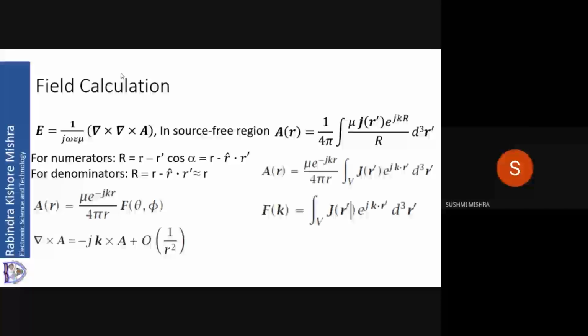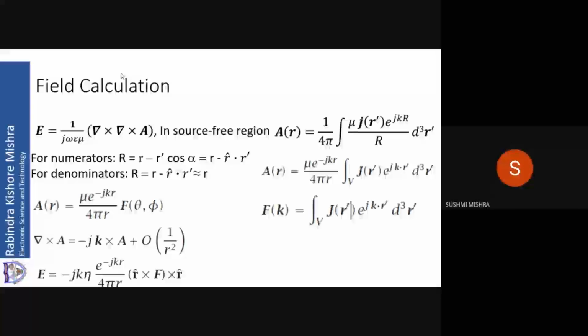Therefore, curl of A is approximately equal to minus jk cross A. Why are we calculating curl of A? We have seen in the first line, E depends on curl of A. So the curl operation in the far field becomes minus jk cross, and that can operate on anything.